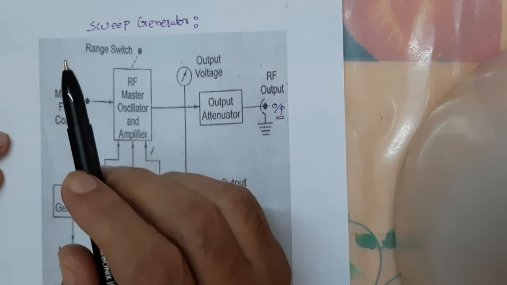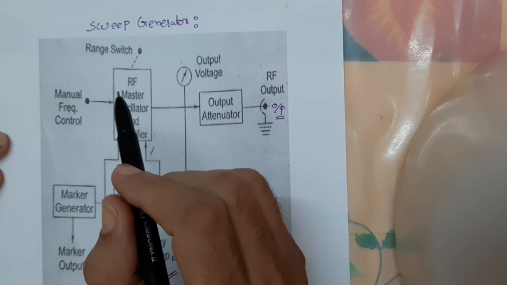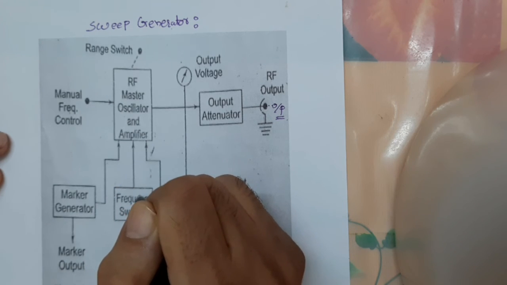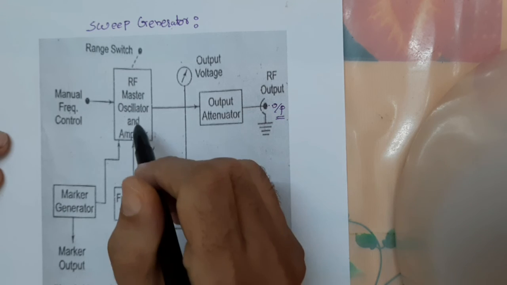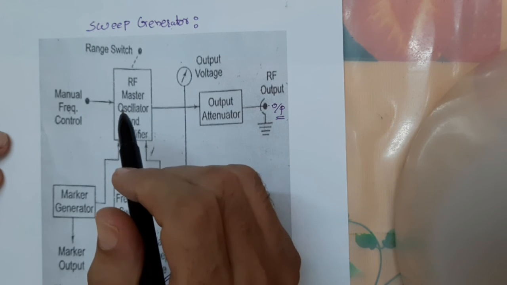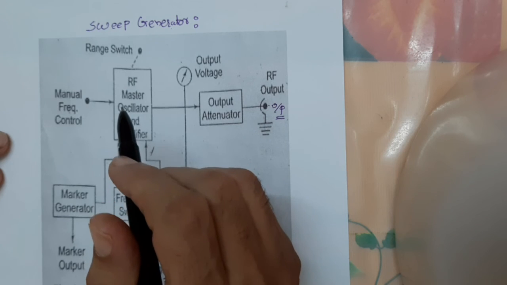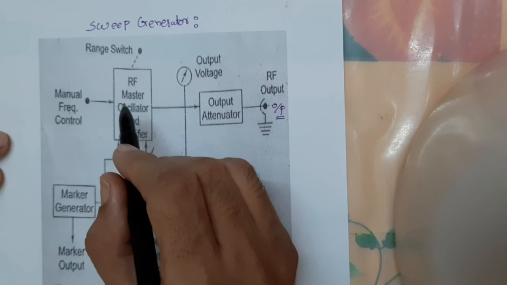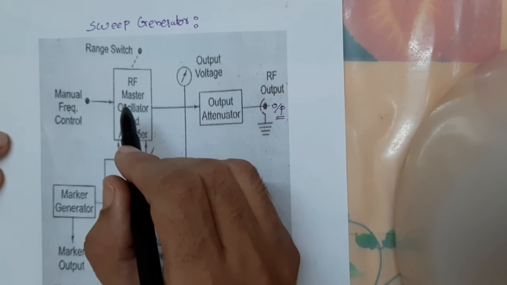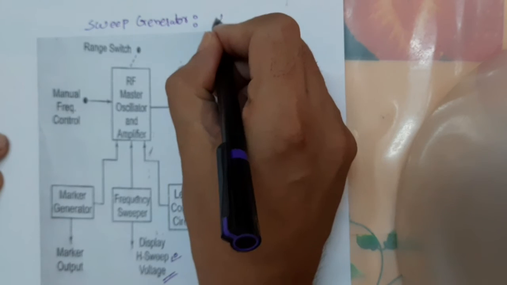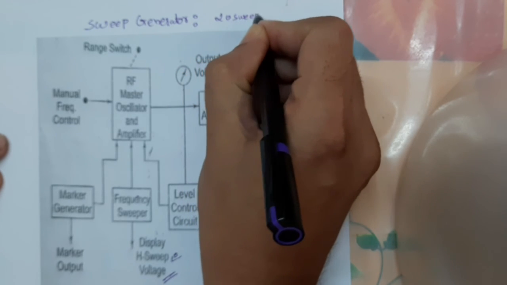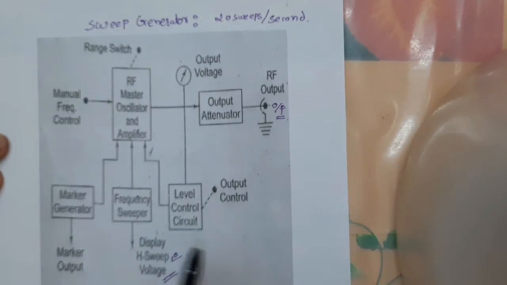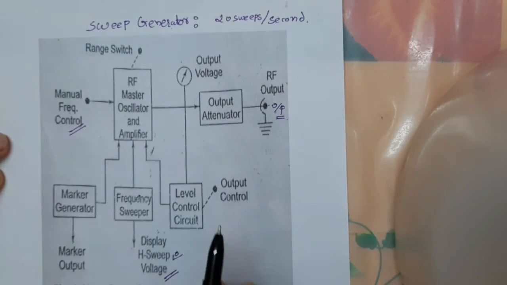I repeat, the frequency sweeper provides a variable modulating voltage to the master oscillator, which causes the capacitance of the master oscillator to vary. A representative sweep rate could be of the order of 20 sweeps per second.